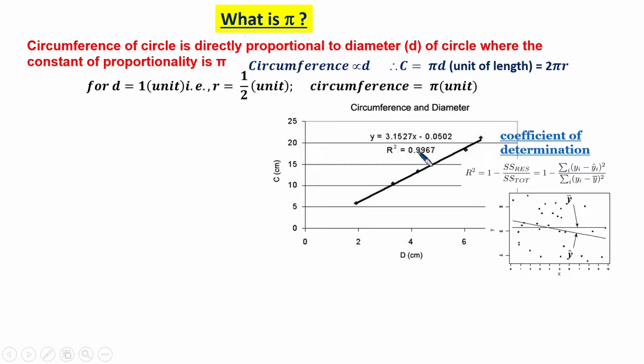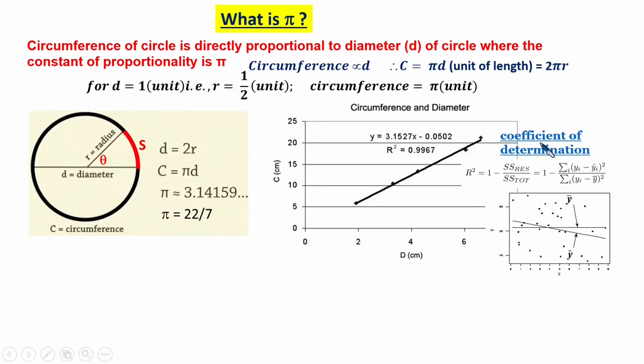If the errors are more, the R squared value will be small; if the error is less, the R squared value will come to 1. Here I have defined what R squared is. Please go through it: yi is your data point, minus the fit value on this line, divided by yi minus the mean. You put in all the values, sum over all the data, and you get this R squared. You will discuss this in more detail in higher classes.